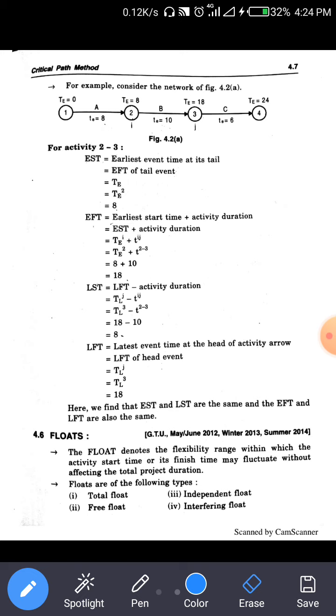Now what is EST? We find it out for activity 2-3. This is activity B, and its earliest starting time is 8.